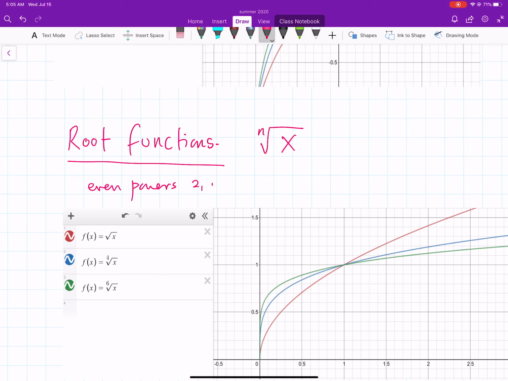So that's 2, 4, 6, 8. Now, a radical with no index is a square root, right? So that's a square root, that's the fourth root, that's the sixth root.